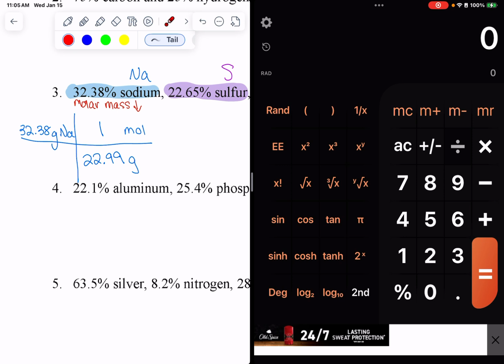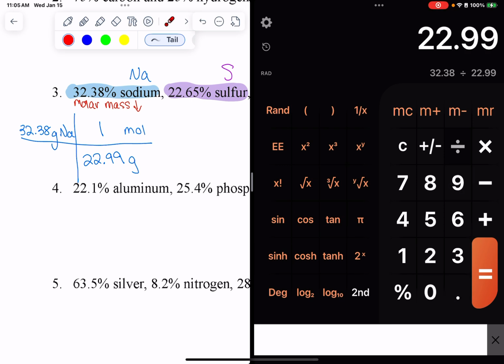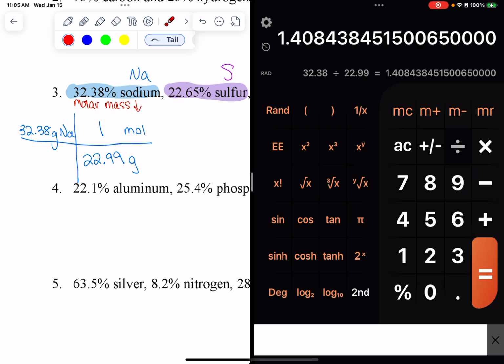In my table, I have on top 32.38 divided by the bottom number, 22.99. So that gives me a total of 1.408, so that's 1.41 moles. Remember, because our grams will cancel, we're left with moles of sodium, Na.